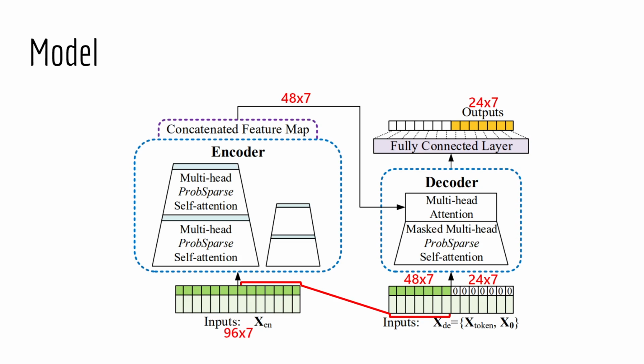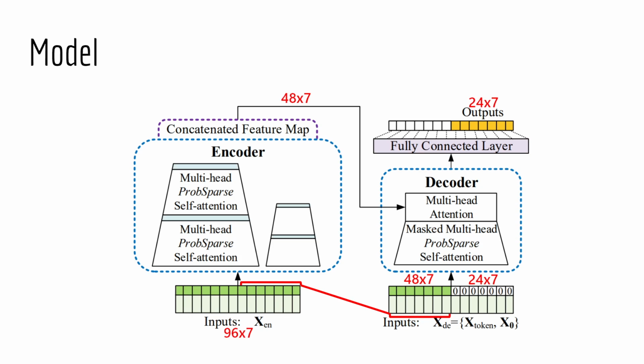Here is an example to better understand the size. If the input is of size 96 by 7 after going through the encoder, it will result in half of the original size at 48 by 7. The input to the decoder is the same size as the encoder's output.